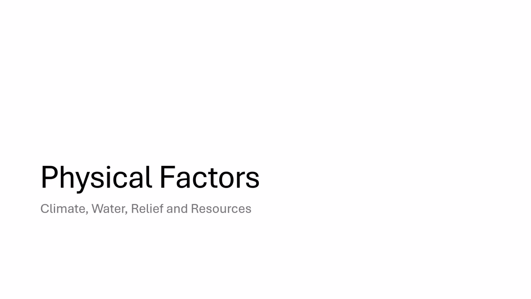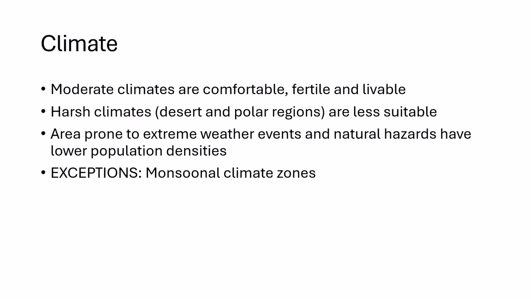Let's first take a look at the physical factors which affect population distribution, specifically climate, water, relief, and access to resources. Climate refers to the temperature and weather of an area. Moderate climate and temperature zones provide reliable rainfall, fertile soils, and comfortable living conditions, making them ideal for agriculture and urban development.